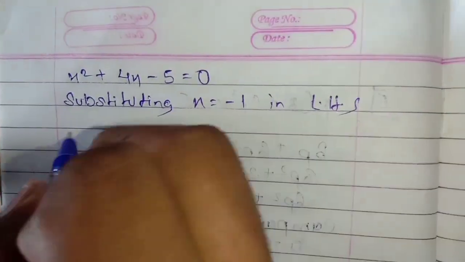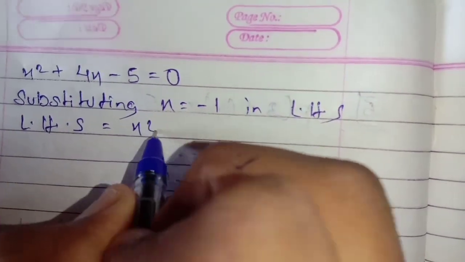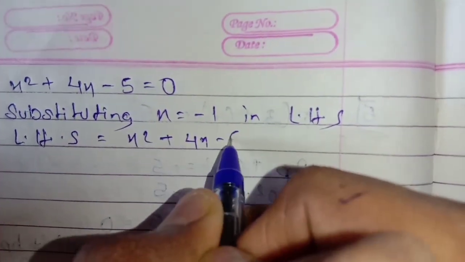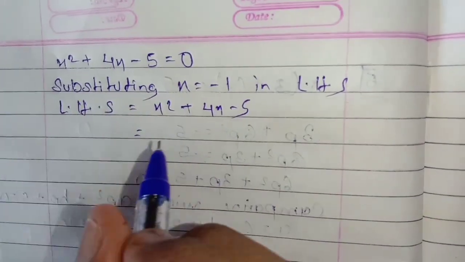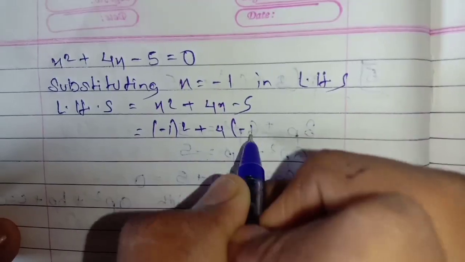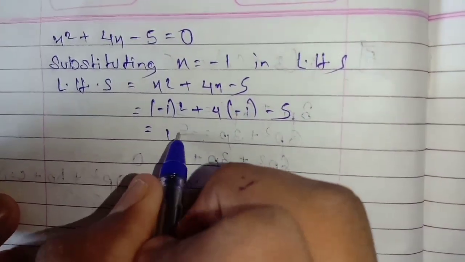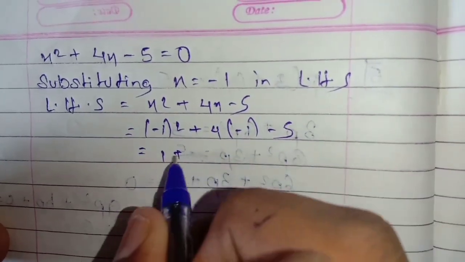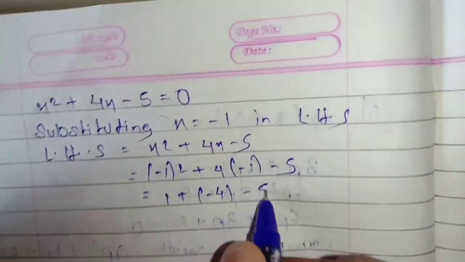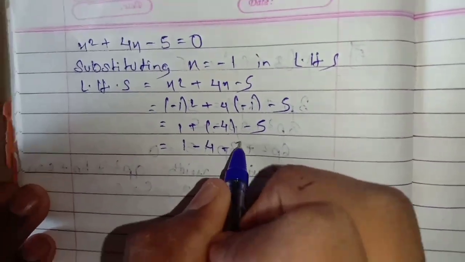Our LHS is x square plus 4x minus 5. In place of x we put -1, so -1 square plus 4 into -1 and minus 5. -1 square will be 1 only, plus 4 into -1, that is -4, and -5.